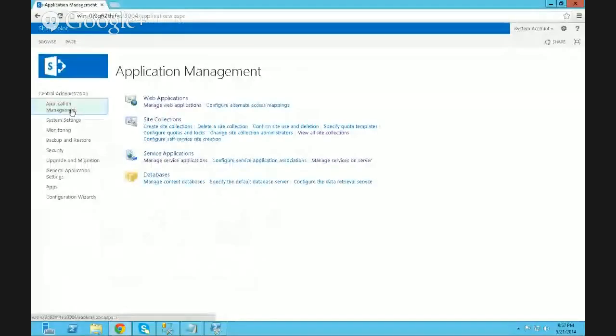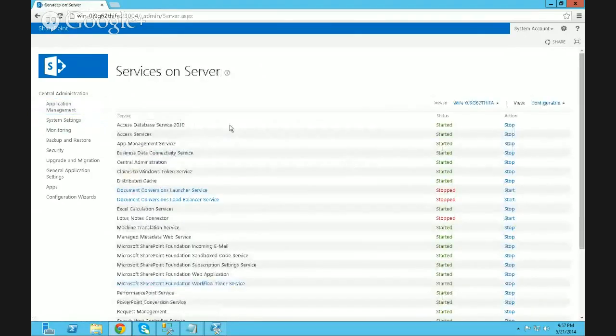Nevertheless, I can show you as part of this application management. You have managing services on server, something that we can look at. So let me go to manage services on server. You can see that I have only one server. When you look at the entire farm of SharePoint, in my farm, I actually have only one server.